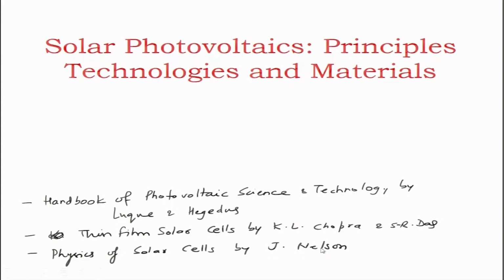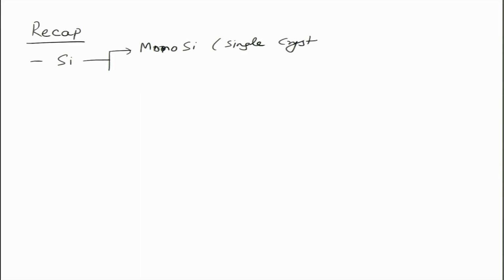Now let us do a bit of a recap of the last lecture. In the last lecture we started our discussion with silicon and monocrystalline silicon. Silicon is present in primarily three forms. One is monosilicon, which is single crystal silicon. The wafer is single crystal, there are no grain boundaries.